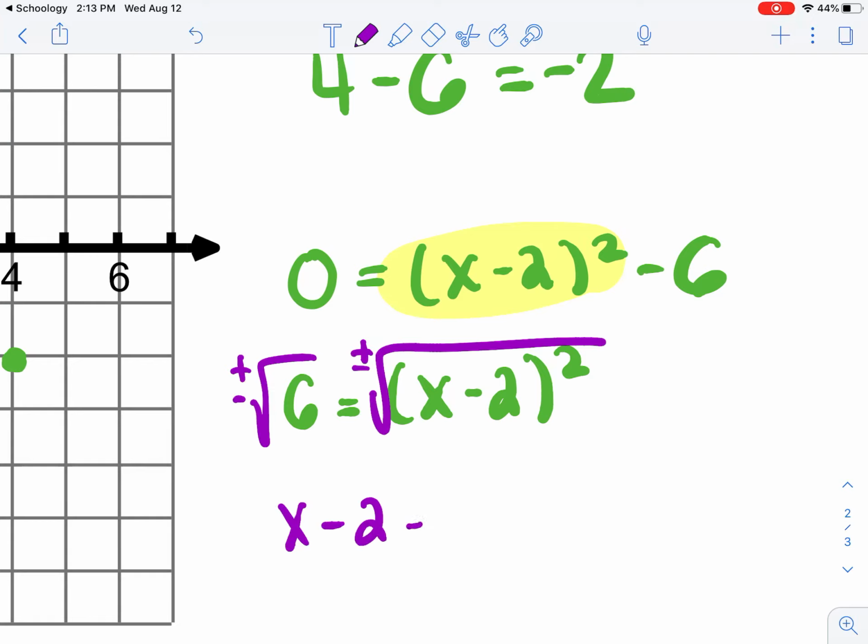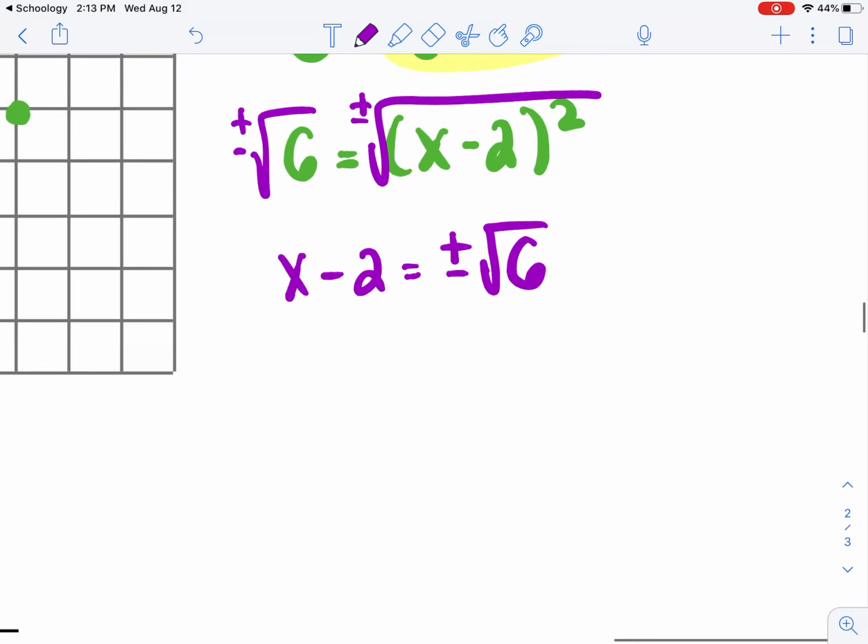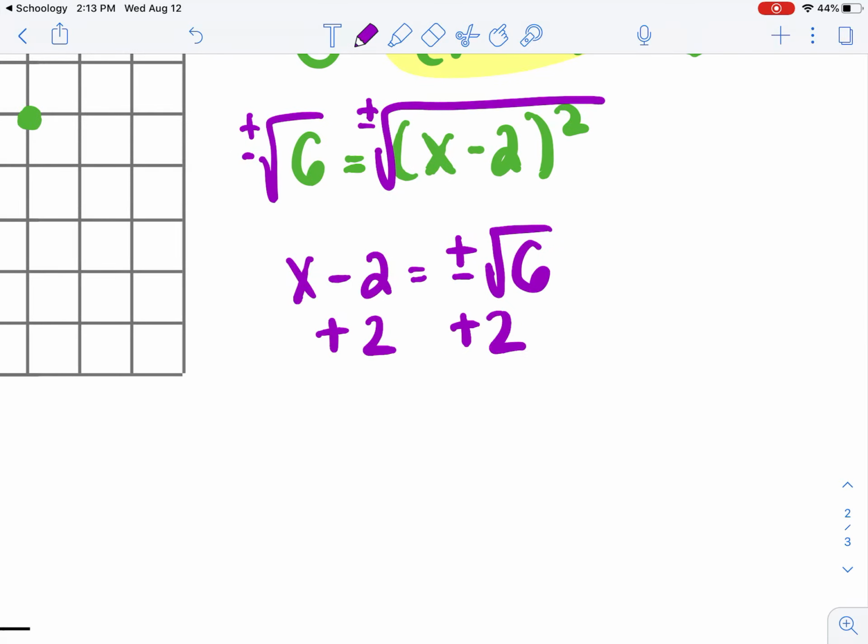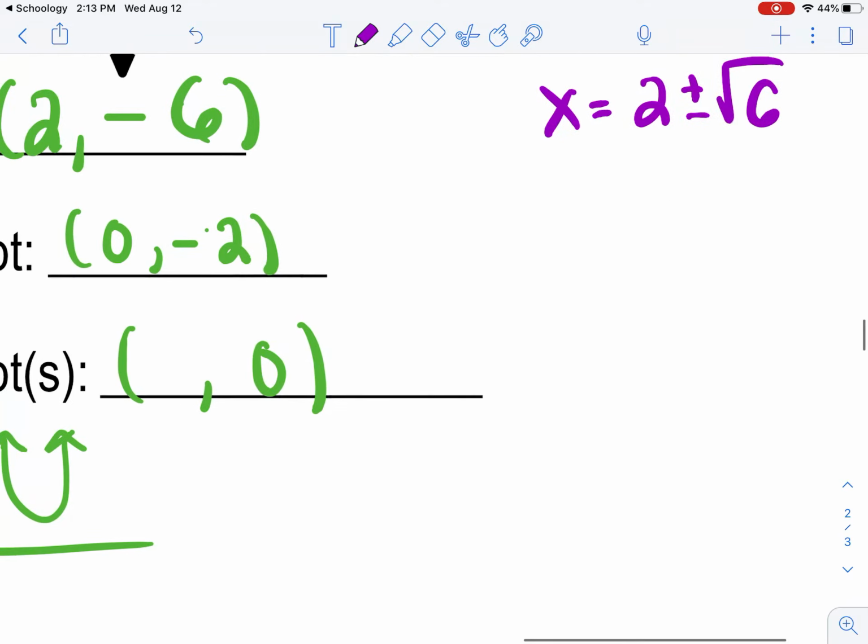All right, I have x minus 2 equals plus or minus the square root of 6. Do I know the square root of 6? No. Are there any perfect squares that go into 6? No. So root 6 is not simplifiable. I'm going to leave it as root 6. Add 2 to both sides. x equals 2 plus or minus root 6.